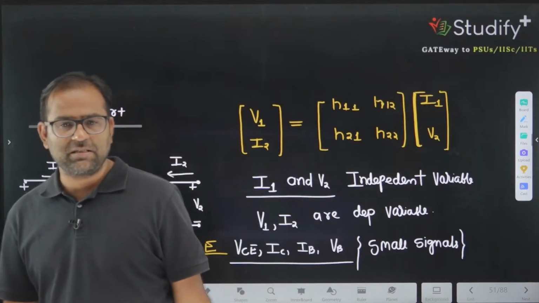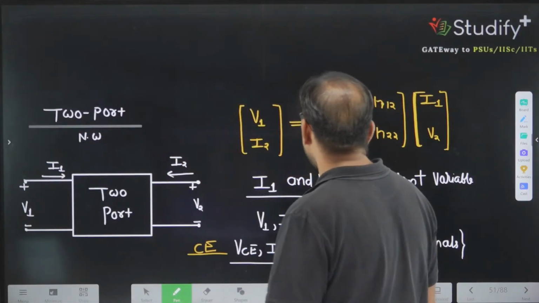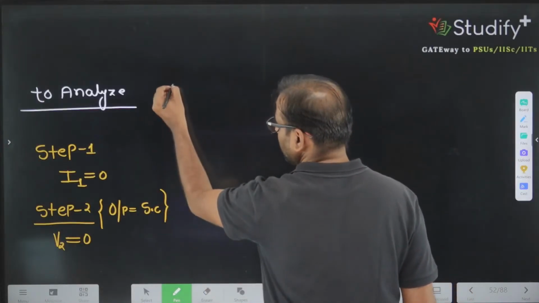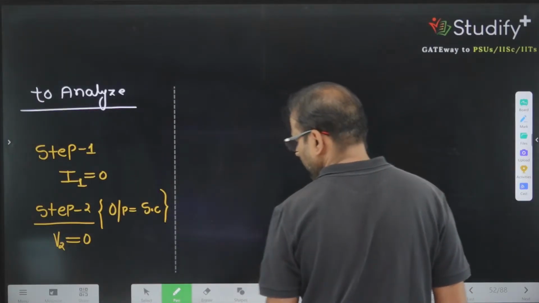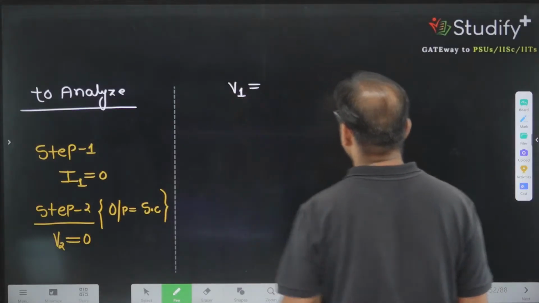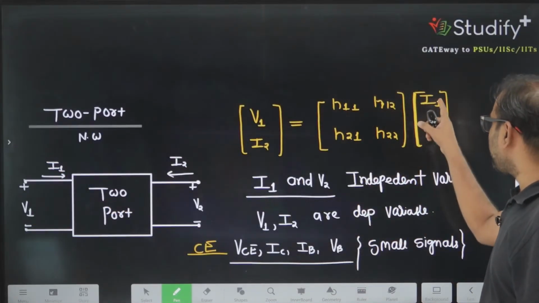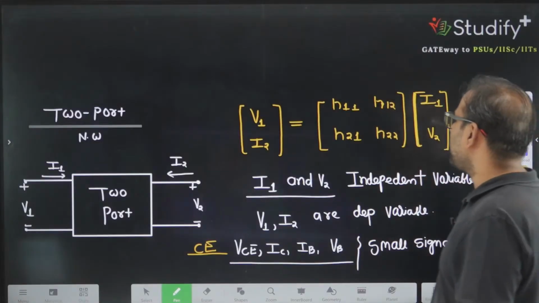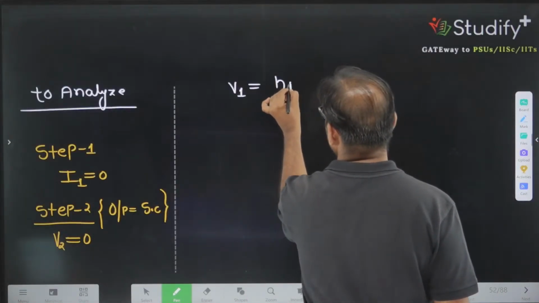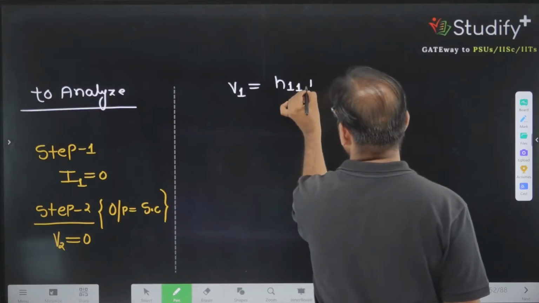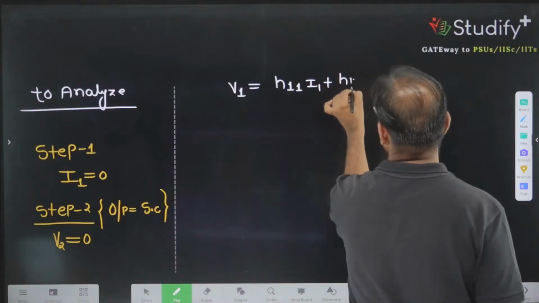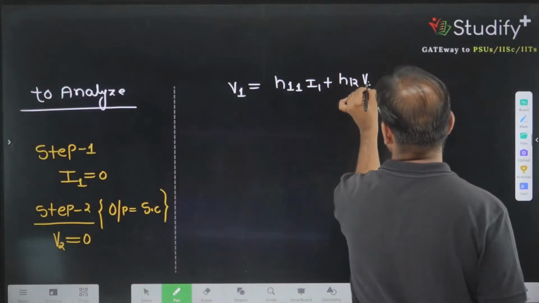Let's write this in equation format. V1 is H11 multiplied by I1, plus H12 multiplied by V2. So V1 is H11 I1 plus H12 V2.